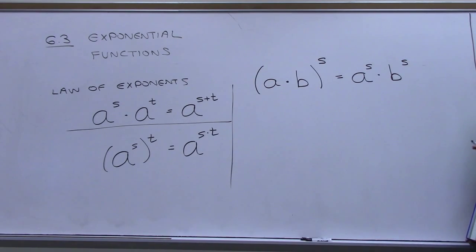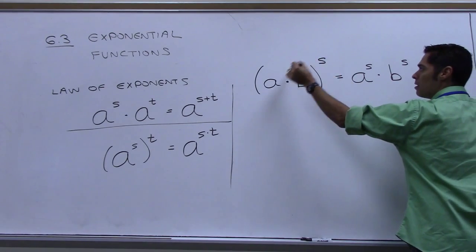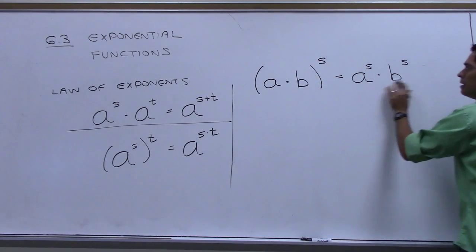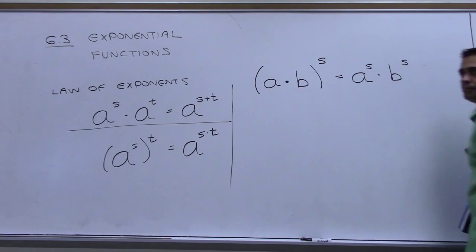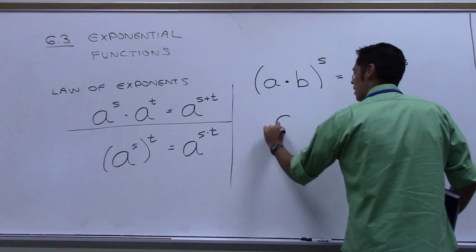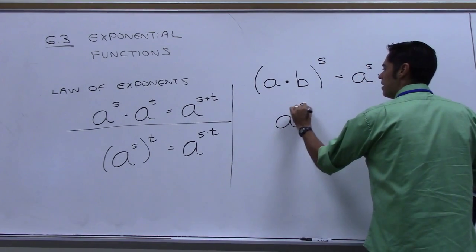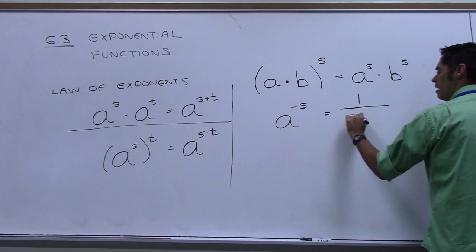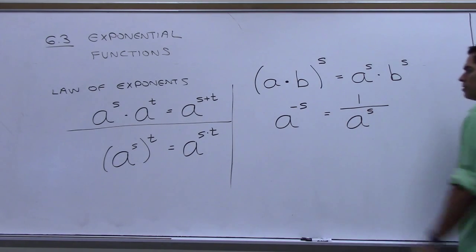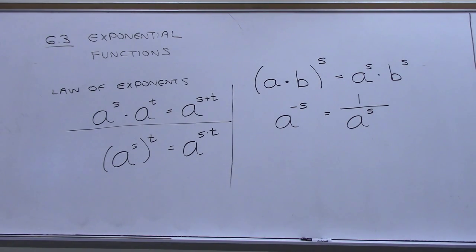So it's almost like distribution, although we don't call it distribution. The s power goes to the a and then to the b, as long as the operation between these two was multiplication. Another property. If you have something raised to a negative number, it's the same as dropping it down to a denominator and changing the power to a positive number. Do you remember that?